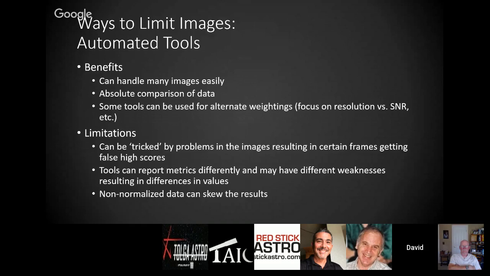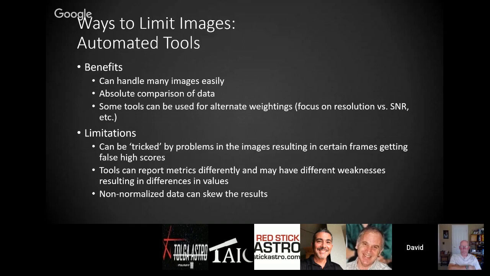It's, this is a star size of 2 arc seconds, straightforward, and so many electrons of charge. You can typically set these things up so they will read back very accurately in absolute terms. Some of the tools can be used for alternate weightings, where you focus on resolution versus signal-to-noise ratio. So you have these really strong benefits for automated tools.